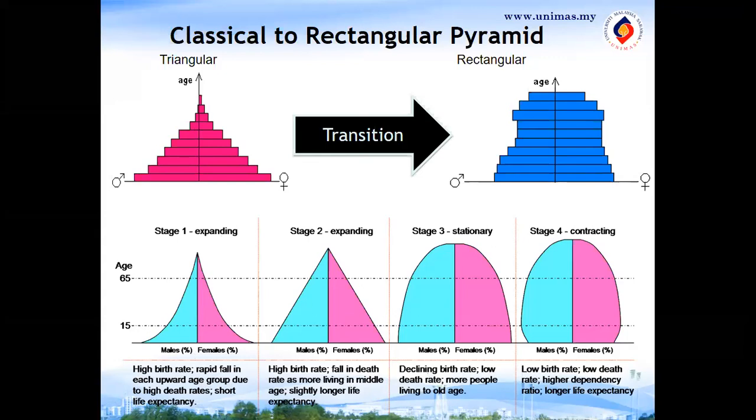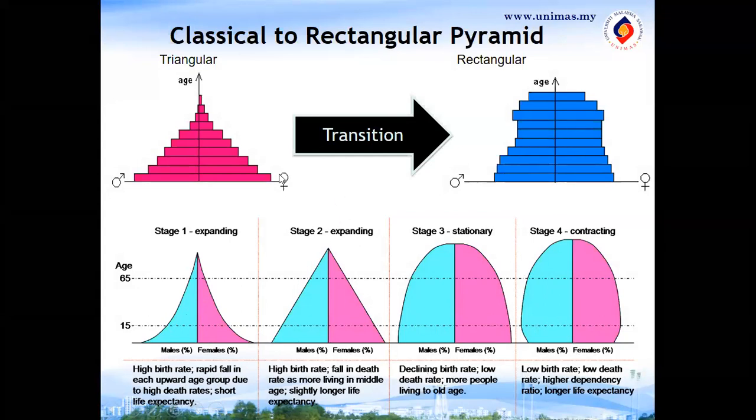Jadi yang menyumbang kepada the shape makin tipis ya ke atas itu adalah disebabkan oleh kadar kematian yang tinggi, and also short life expectancy. So something like Afghanistan, for example, yeah, where you find this kind of shape, yeah, where the death rates are still high, yeah, compared to countries in the West which is rectangular shape, yeah.